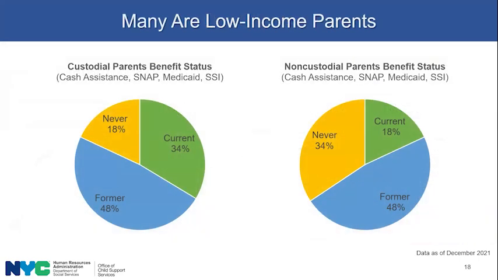If you look at the pie chart on the left, you'll see that a total of 82% of custodial parents are currently receiving benefits or have received benefits in the past. And in the chart on the right, we see that 18% of non-custodial parents are currently receiving benefits, and 48% have received them in the past. Next slide.